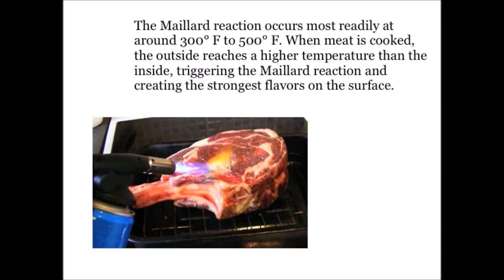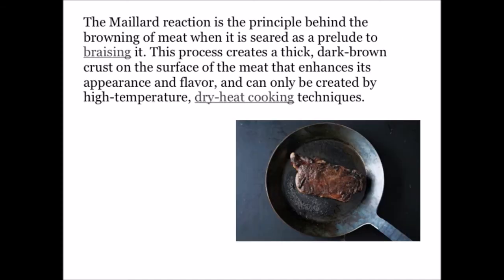The Maillard reaction occurs most readily at around 300 Fahrenheit to 500 Fahrenheit. When meat is cooked, the outside reaches a higher temperature than the inside, triggering the Maillard reaction and creating the strongest flavors on the surface.